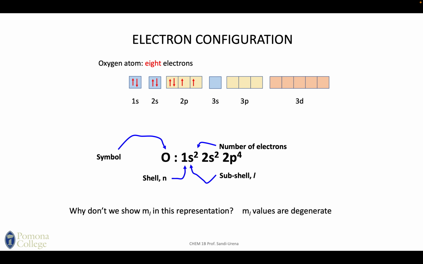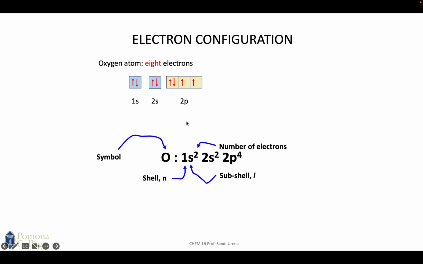We have 3 2p orbitals, and here it says only 2p. That 2p represents the 3 of them. We don't really care here if they're x, y, or z. What we care about is that we have 4 electrons distributed in those 3 orbitals.